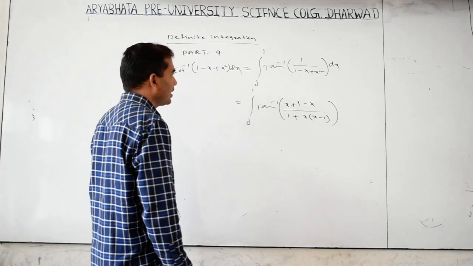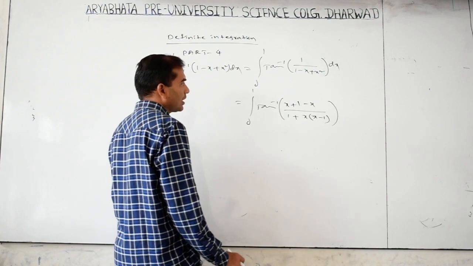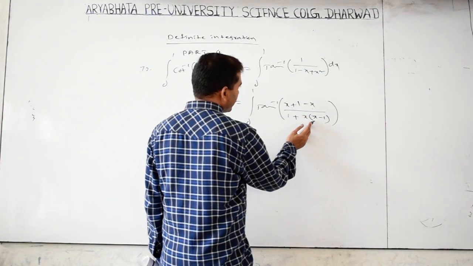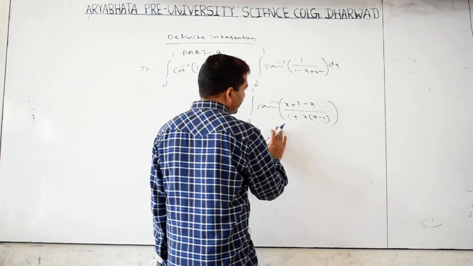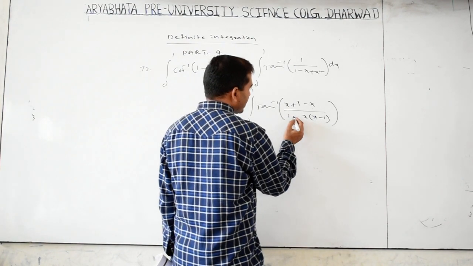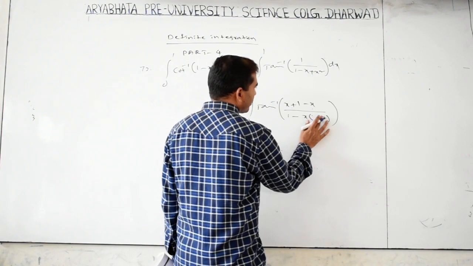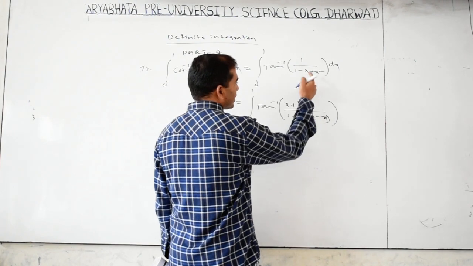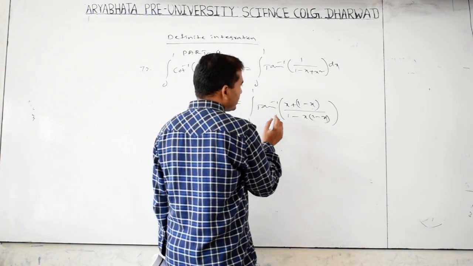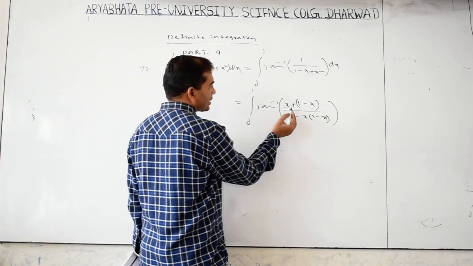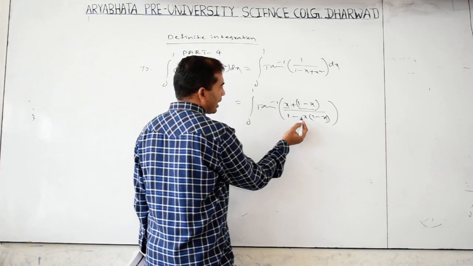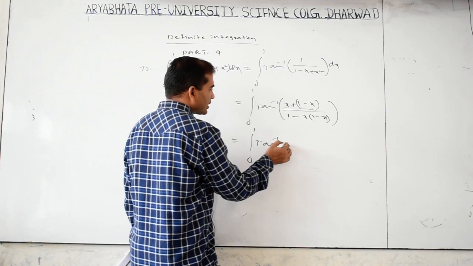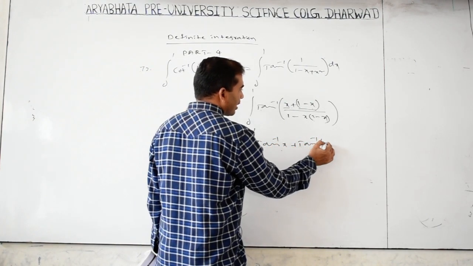It is getting the form tan inverse of (x plus y) by (x minus y), no? Then here take minus common and you will get 1 minus x, correct, x into 1 minus x minus minus plus x square. Yes, this is in the form tan inverse of (x plus y) by (1 minus x into y), equal to tan inverse of x plus tan inverse of 1 minus x.